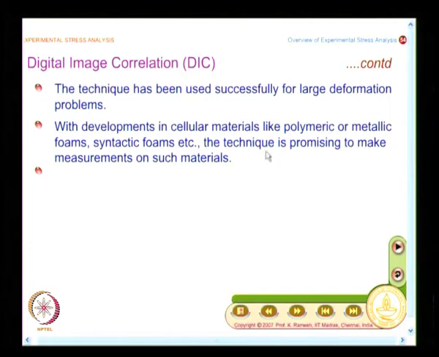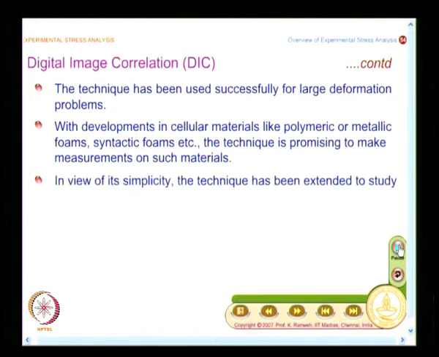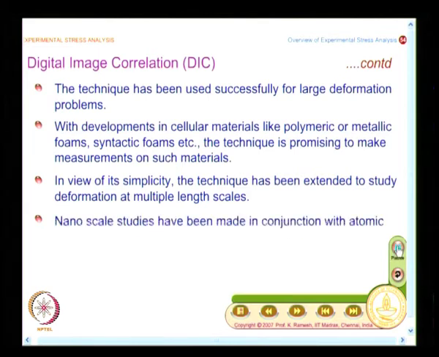So, the development of new materials has also forced the development of newer techniques for data gathering and interpretation. And the technique is very simple. If you go from one scale to another scale, the methodology is essentially the same. The only thing is your optics has to be sensitive enough, and your speckle size should be adjusted suitably. In view of that, the technique has been extended to study deformation at multiple lengths. These days we talk of nanomechanics.